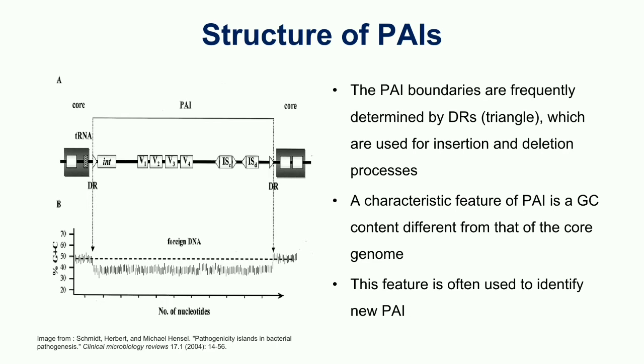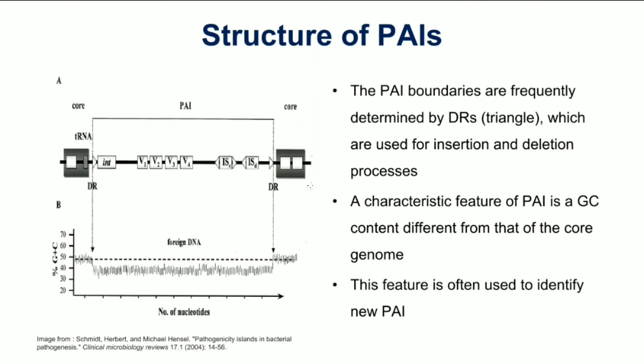As I mentioned earlier, due to increased availability of sequencing techniques at a low cost, we can actually analyze the GC content of a number of bacteria and compare the pathogenic and non-pathogenic strains in the same species family.